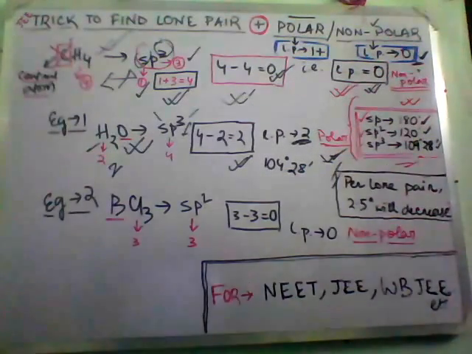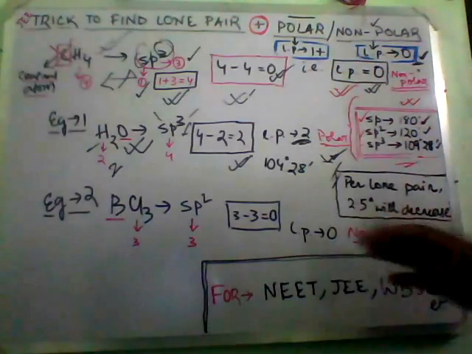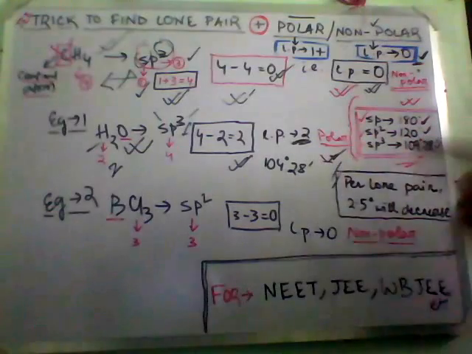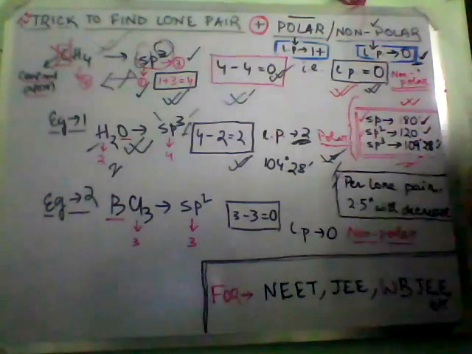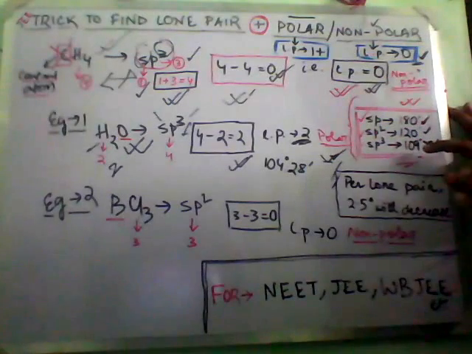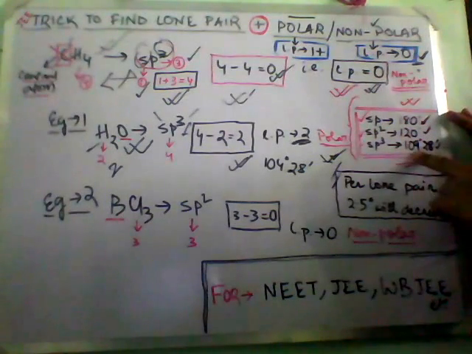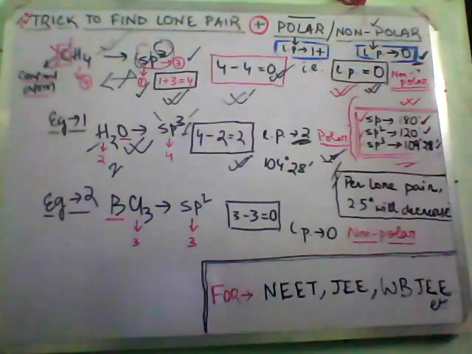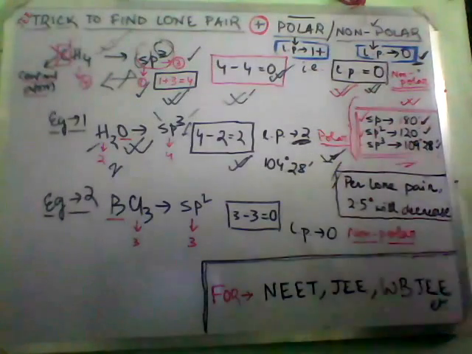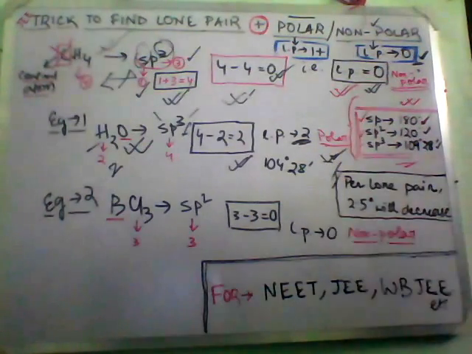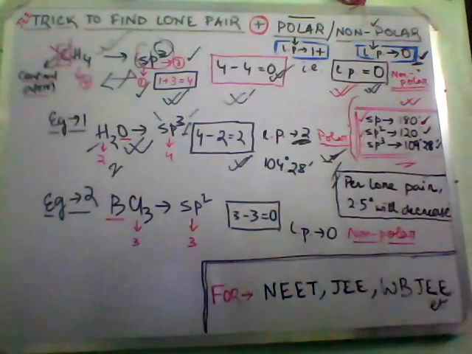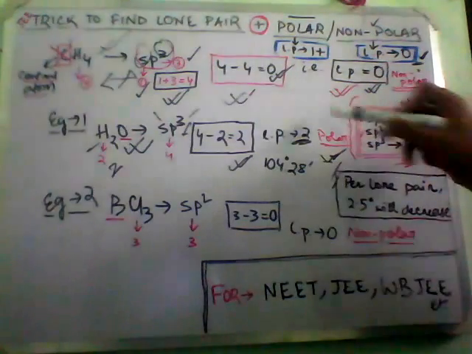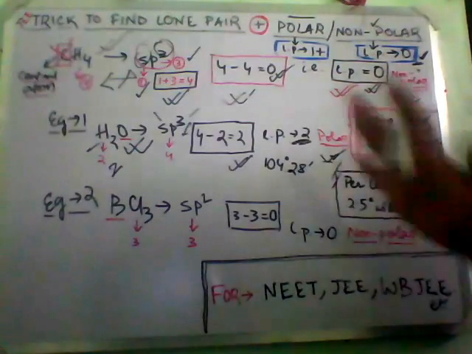If here there had been 3 lone pairs, then we would have deducted 2.5 into 3, that is 7.5, from 109 degree 28 minutes. It depends upon the lone pairs how much we are going to deduct. If it's 0, no deduction. If one lone pair, it's 2.5. If it's 2, then 2.5 into 2. If it's 3, 2.5 into 3. It's so easy. Both polarity and lone pair we can find out with this trick.